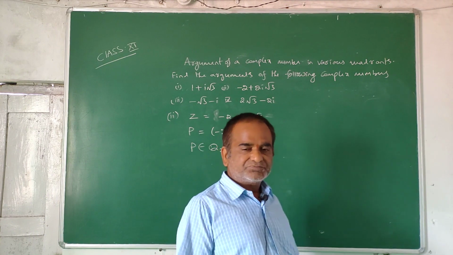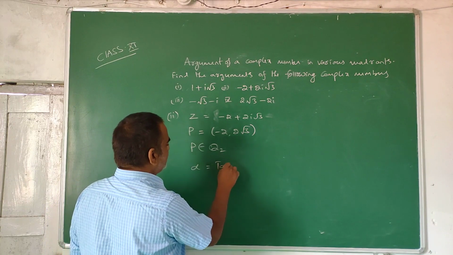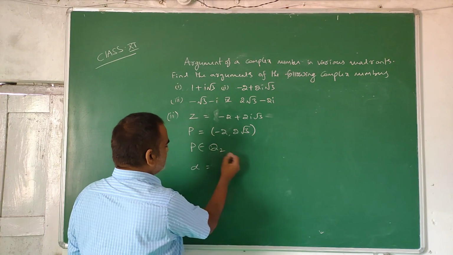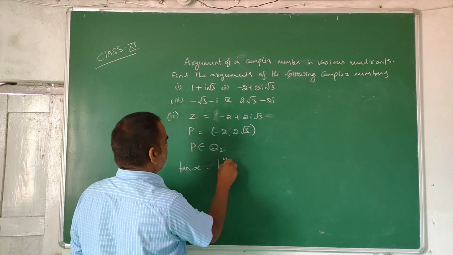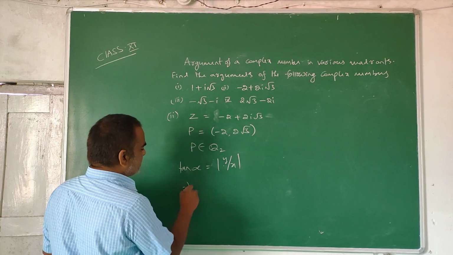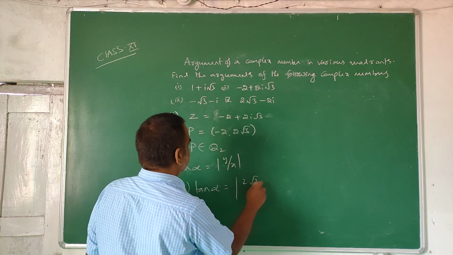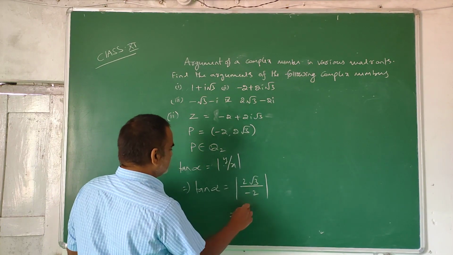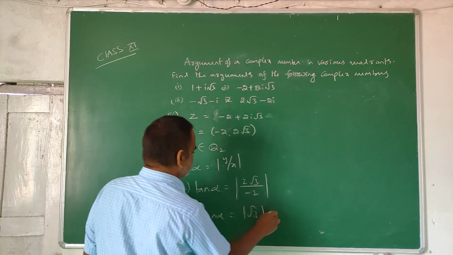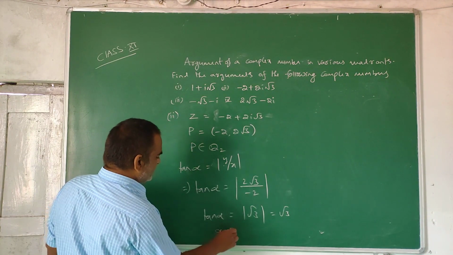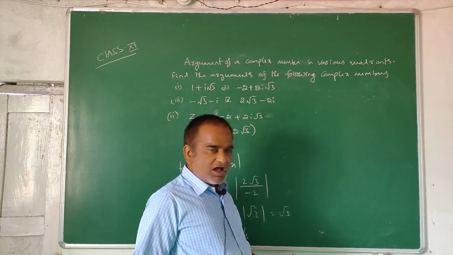Understood? Now calculate alpha. Tan alpha is equal to mod y by x, so tan alpha is mod of 2 root 3 by minus 2, which is root 3. So tan alpha is root 3, so alpha is pi by 3.